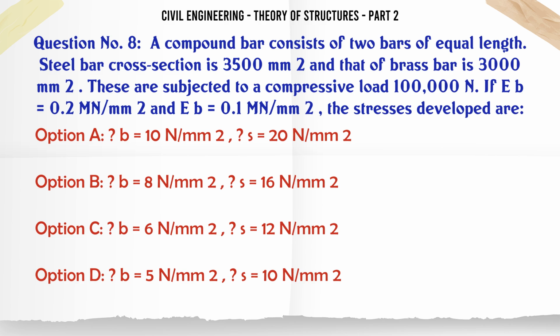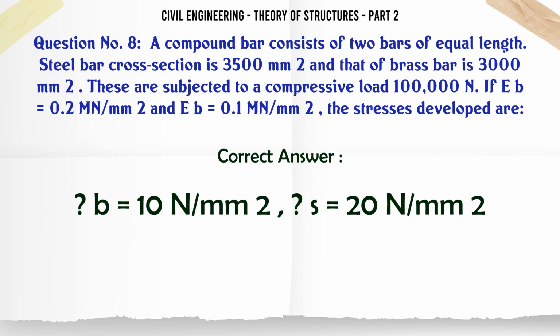These are subjected to a compressive load of 100,000 N. If E steel is 0.2 x 10⁶ N/mm² and E brass is 0.1 x 10⁶ N/mm², the stresses developed are A, B 10 N/mm², S 20 N/mm², B, B 8 N/mm², S 16 N/mm², C, B 6 N/mm², S 12 N/mm², D, B 5 N/mm², S 10 N/mm². The correct answer is B 10 N/mm², S 20 N/mm².